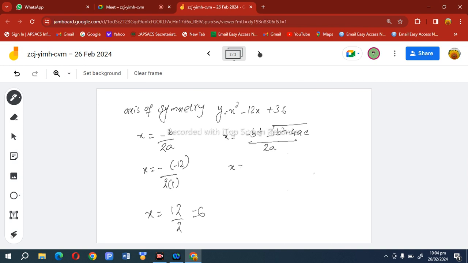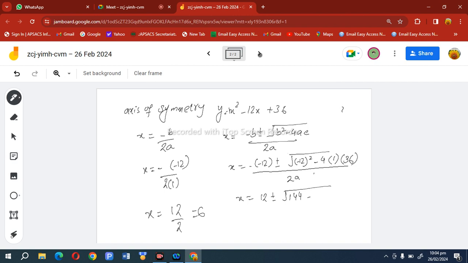So x is equal to minus b, which is negative 12, so I'll substitute negative 12, and b squared, negative 12 squared, minus 4a. There's nothing with x squared, so a is 1 and c is 36, over 2a.